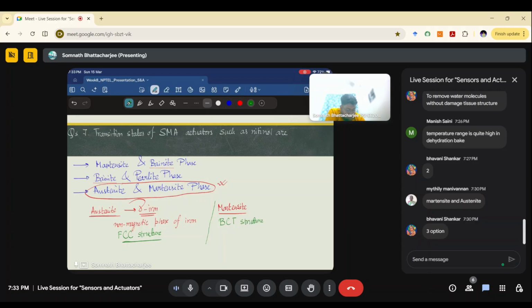So what is BCT? Any idea what is BCT? BCT is body centered tetragonal.